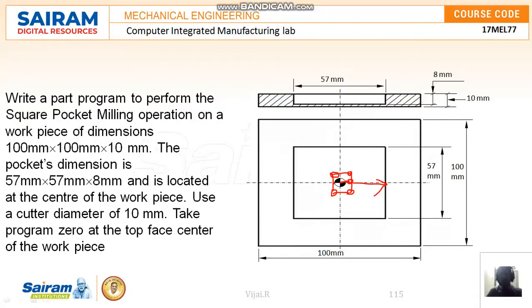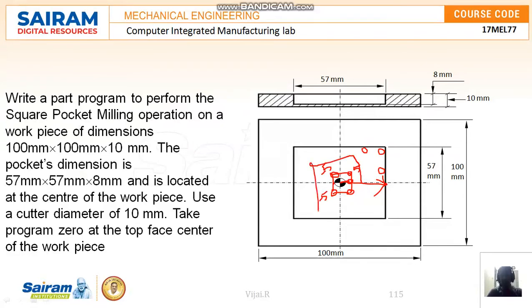So we have to move until this, and as we said earlier, the tool has to pass inside of the contour. So first we will see just 5 mm. We will go for X5 Y5 and X minus 5 Y minus 5, just like that. So 5 mm and again 10 mm.